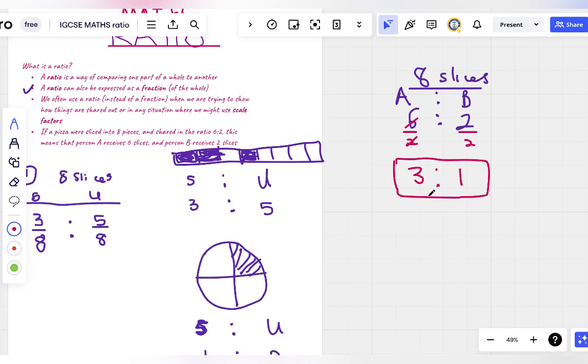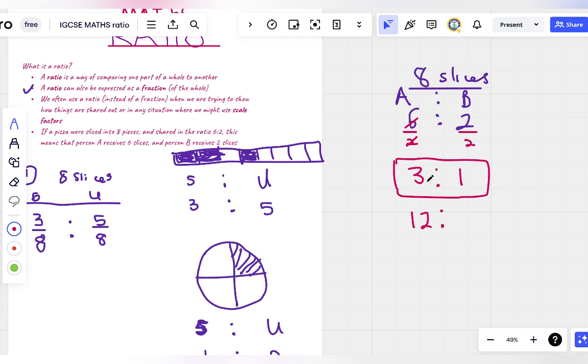The simplest form shows that person A always takes 3 times as much as person B takes. For example, if person A takes 12 slices, let's say the number increases, what will person B take?